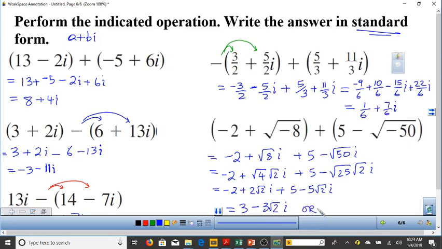Or you could write that as 3 minus 3i square root 2, so that the i doesn't appear to be under the radical. Please make sure you write your i's clearly. Mine is a little messed up here, but you get the idea.